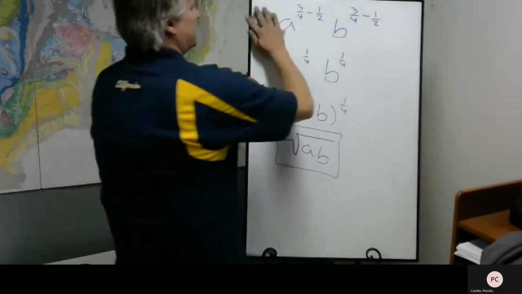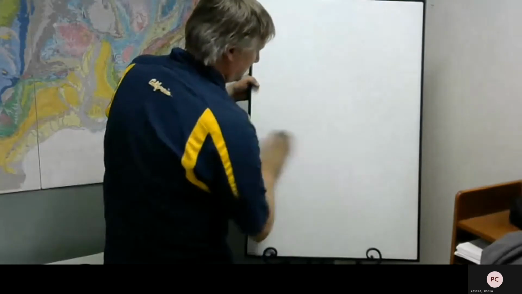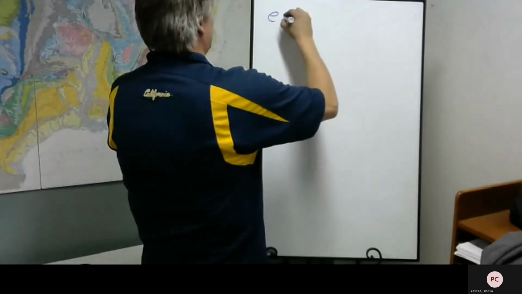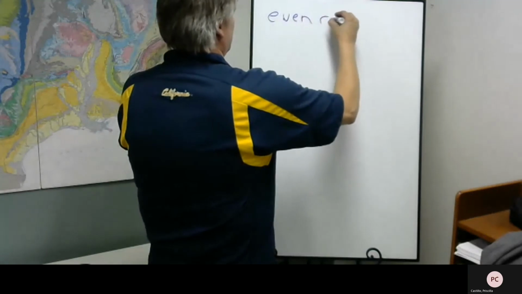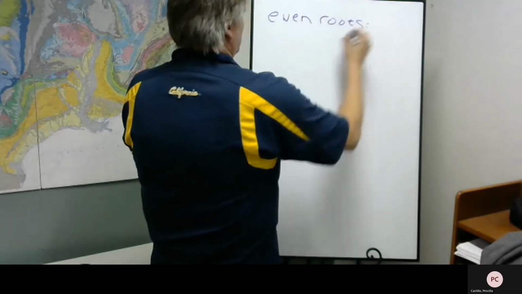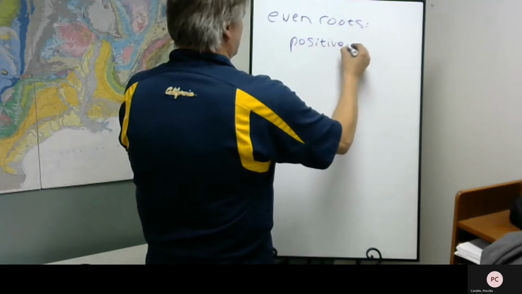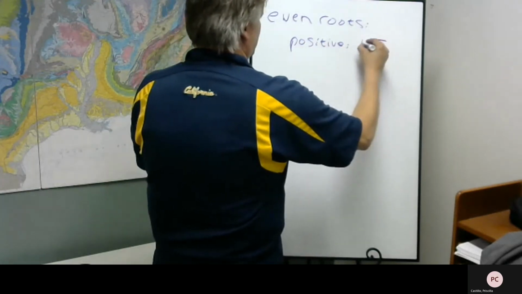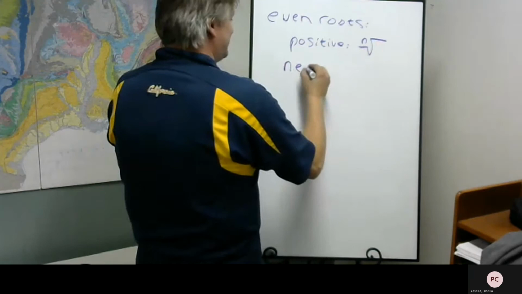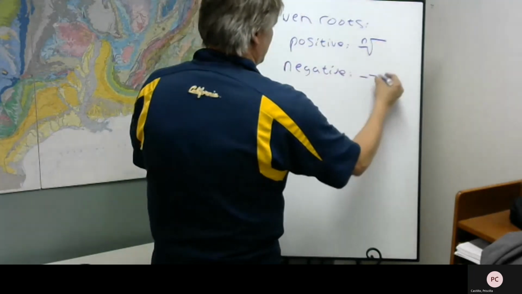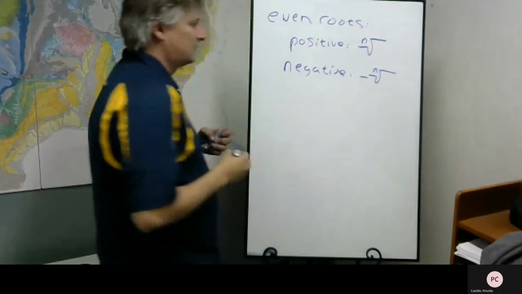I just want to mention one quick thing with even and odd roots, if you've noticed. Even roots, you have a positive, which is given like this. You also have a negative. And they'll ask for the negative root.